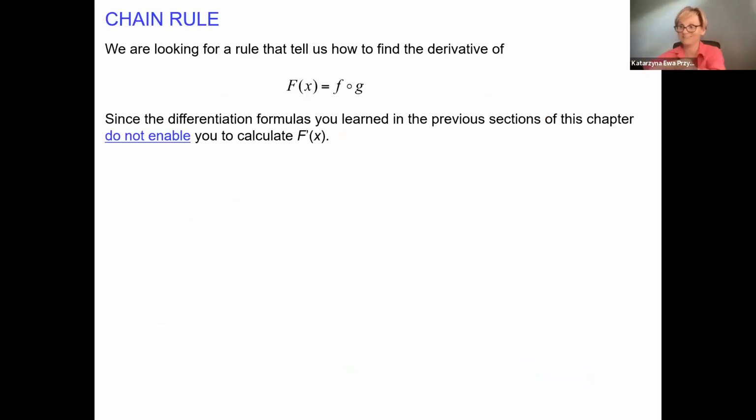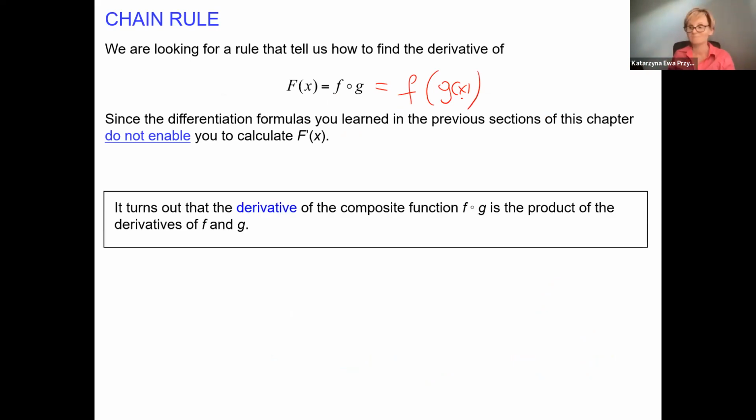The derivative of this function is just the product, not the product rule, just the product of the derivative of the outer function times the derivative of the inner function. I can actually write this down.